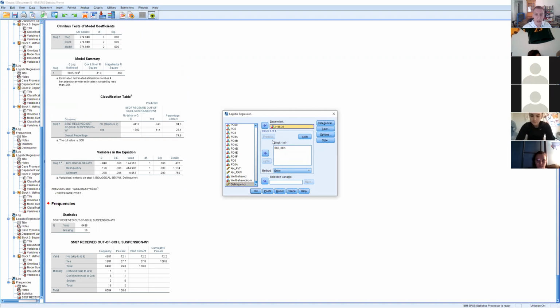So what we have here, let me just point out, the structure of this is similar to linear regression. We have the dependent variable, and I already have in here the H1ED7. That's the ever been suspended from school variable. And we also have in here biosex as the independent variable.